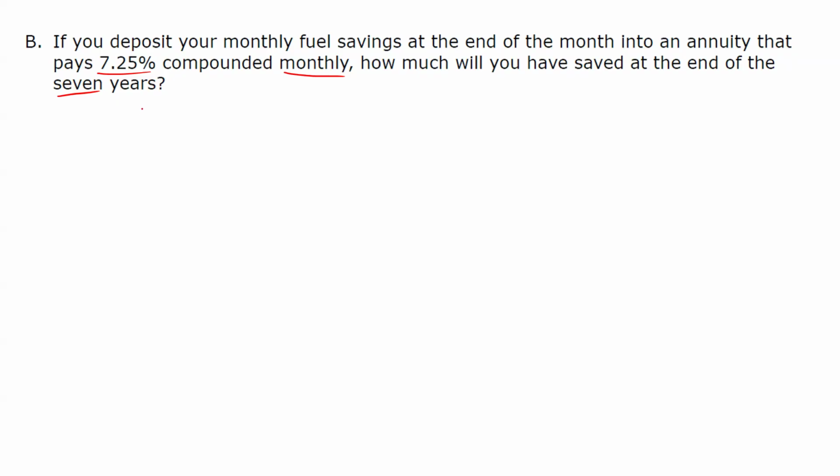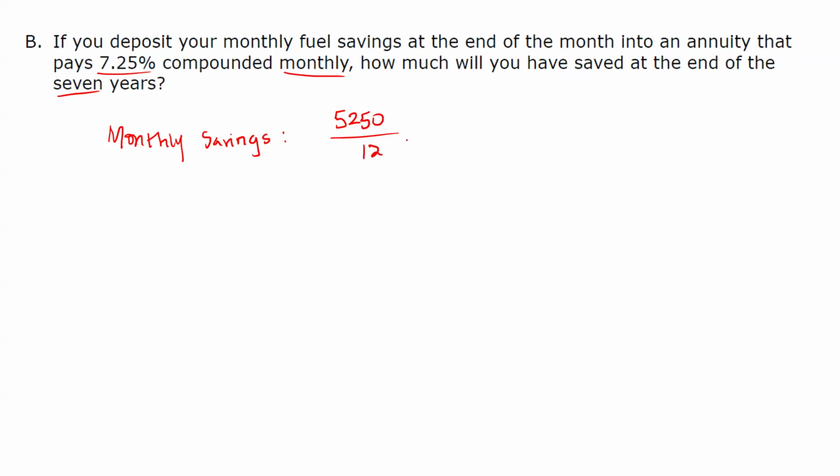So first thing is we need to identify our monthly savings. Well, we know that we would have saved $5,250 by using a hybrid over an SUV, and that's the annual.